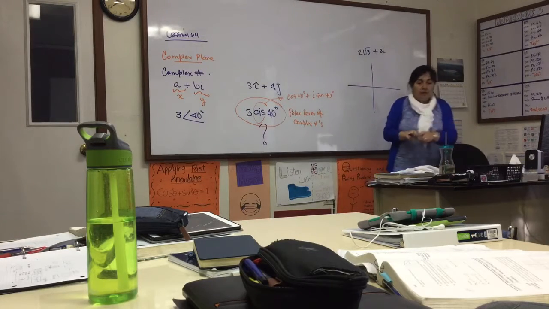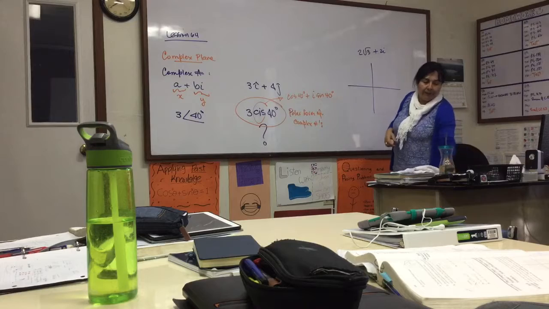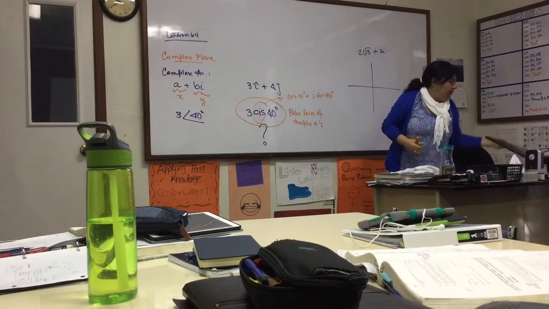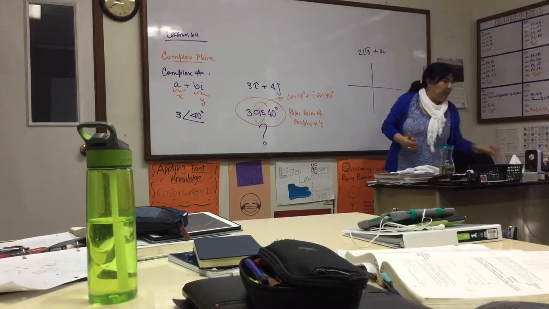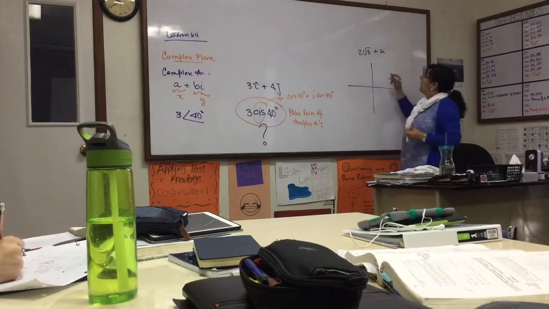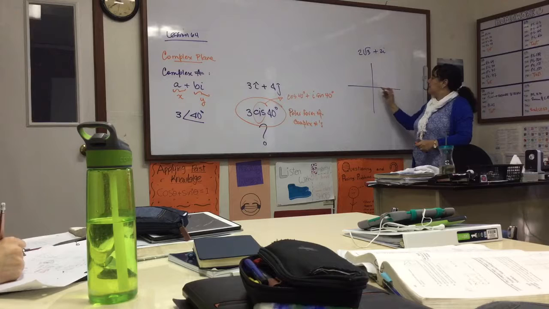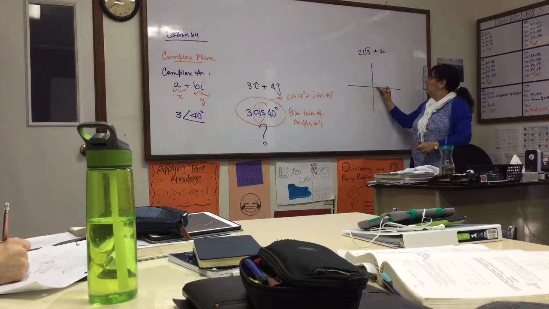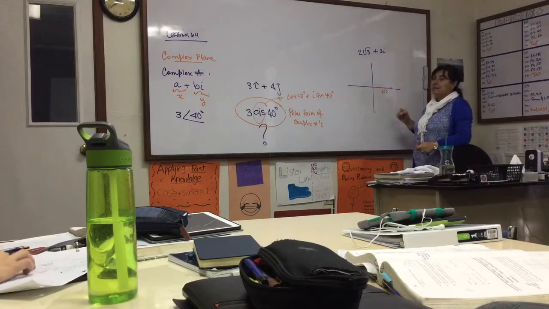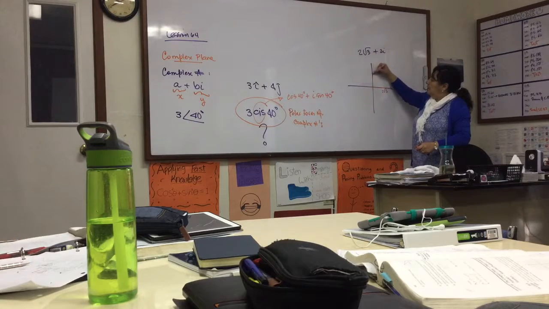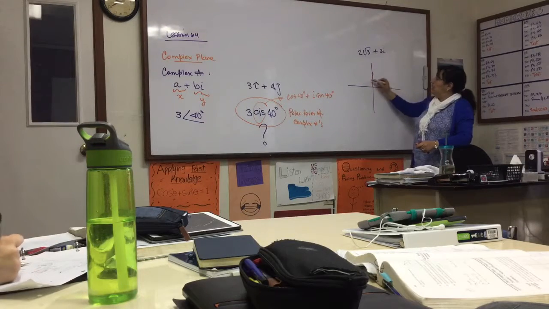You graph it, right? So let's put it here. It would be 2 square root of 3 on the x, and 2i. Since they're both positive, I know they are here.